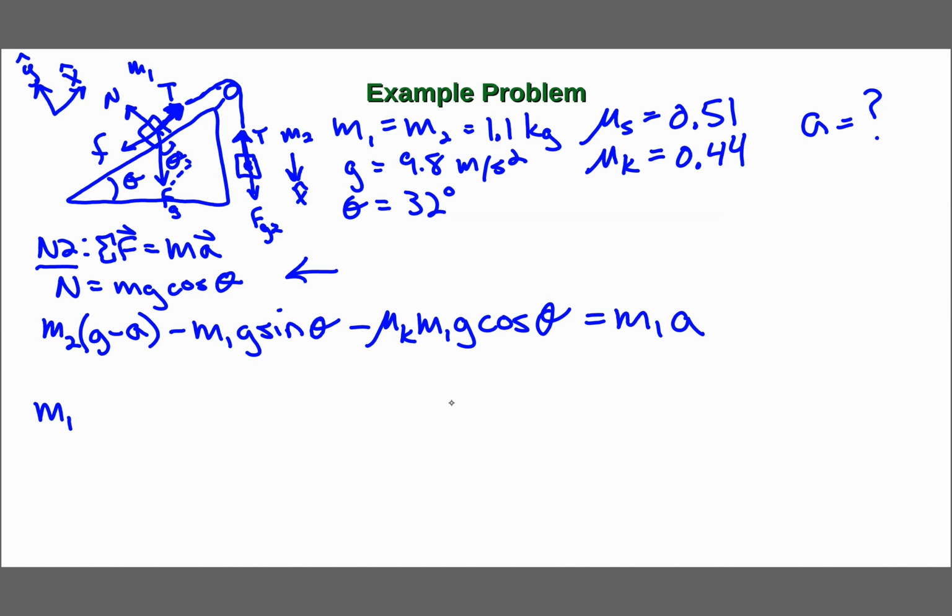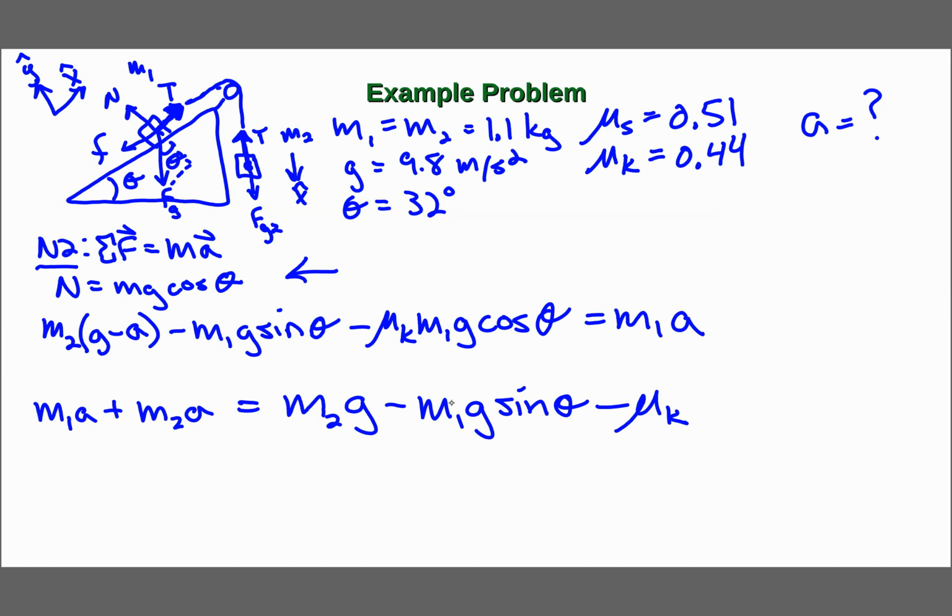So we have m1a, and then we have the m2a here, so plus m2a. And that equals m2g minus m1 g sine theta minus mu sub k m1 g cos theta.